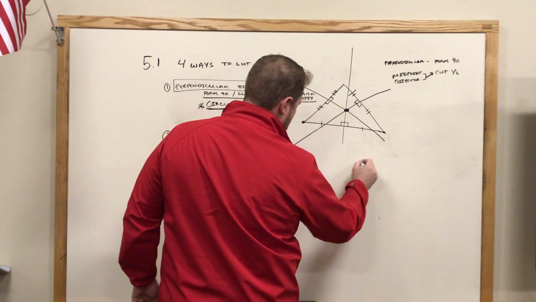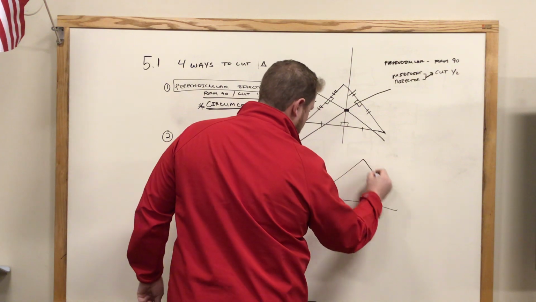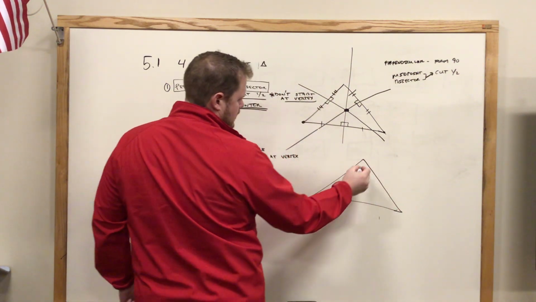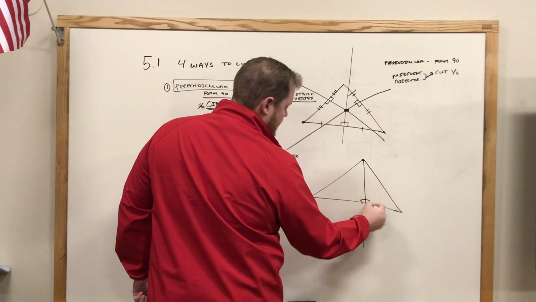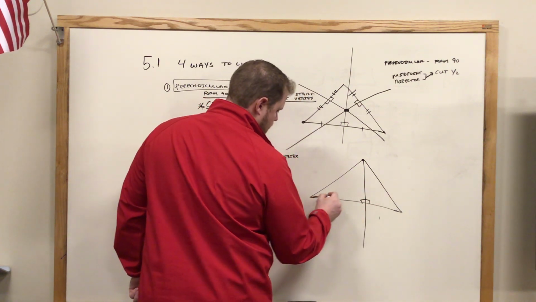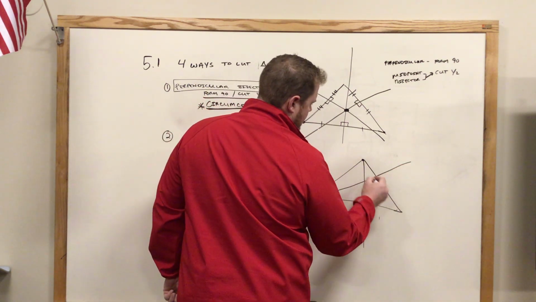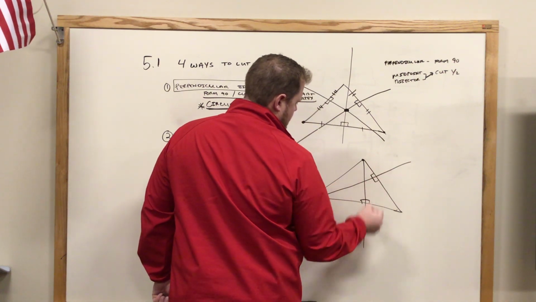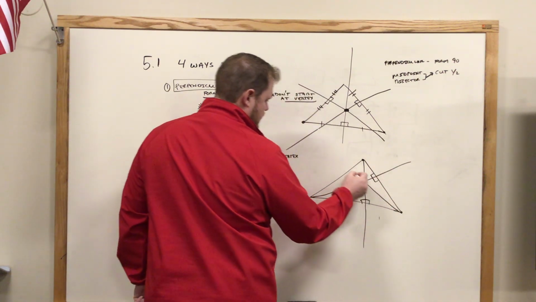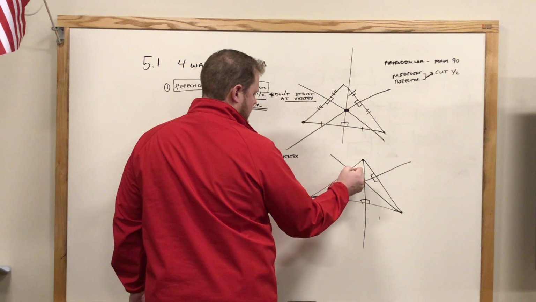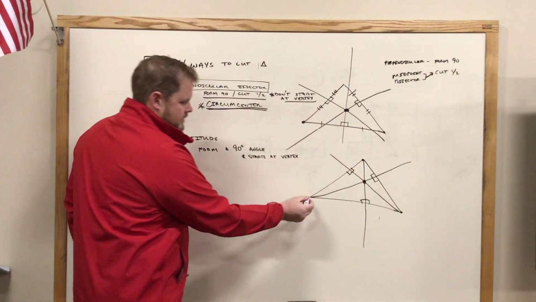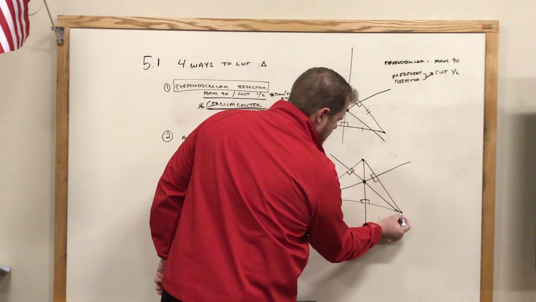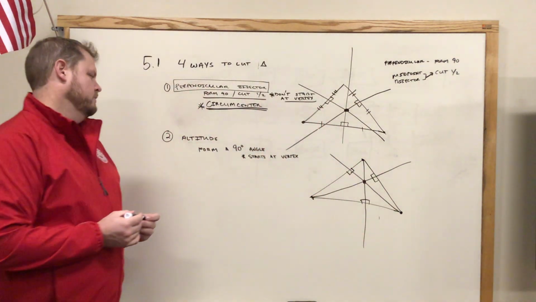So, here we go. Draw our triangle. It starts here, forms a 90-degree angle. Doesn't cut it in half. This one forms a 90-degree angle, and this one forms a 90-degree angle. Notice that they had to start at the vertex and form a 90-degree angle.